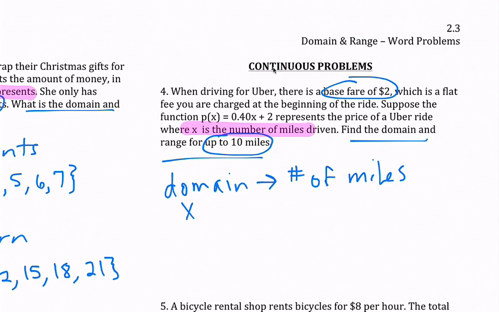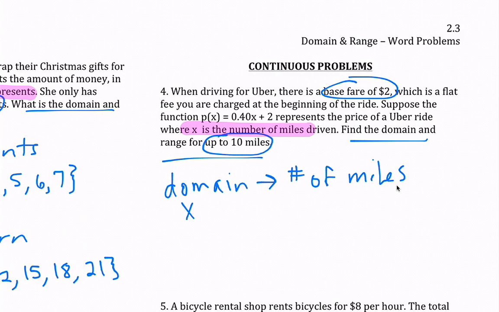Like in the last example, we couldn't buy 1.2 kits or 1.2 uniforms. But in this case, we're talking about miles, and it is possible to drive 1.2 miles. A part of a mile is possible. So that's why I know this is continuous. This one would be a graph with a continuing line.